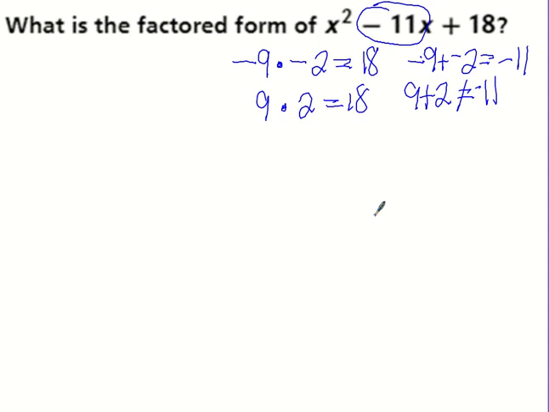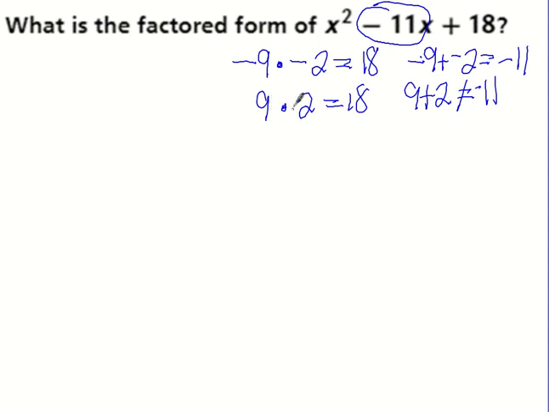So when we start getting factors that are negative, and our products are positive like this, then we need to remember that we can have factors of negatives. A negative times a negative will get me a positive. So we have to keep in mind that we can have things as negatives, okay?